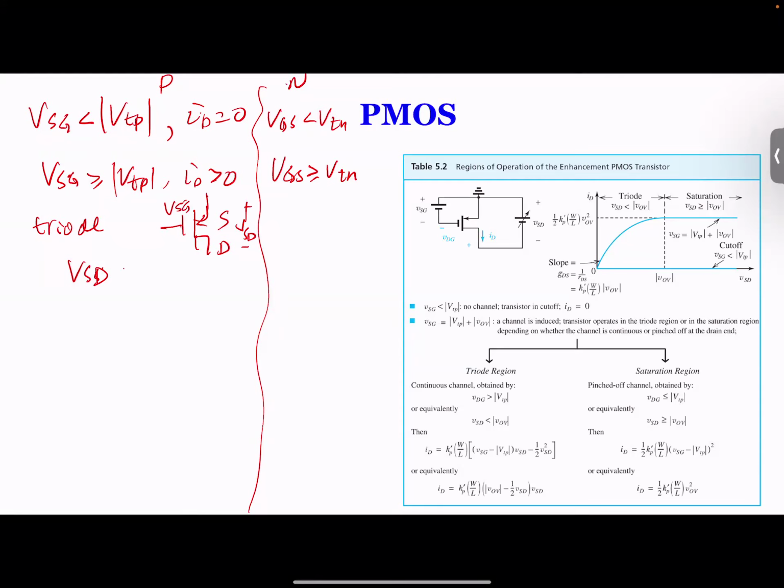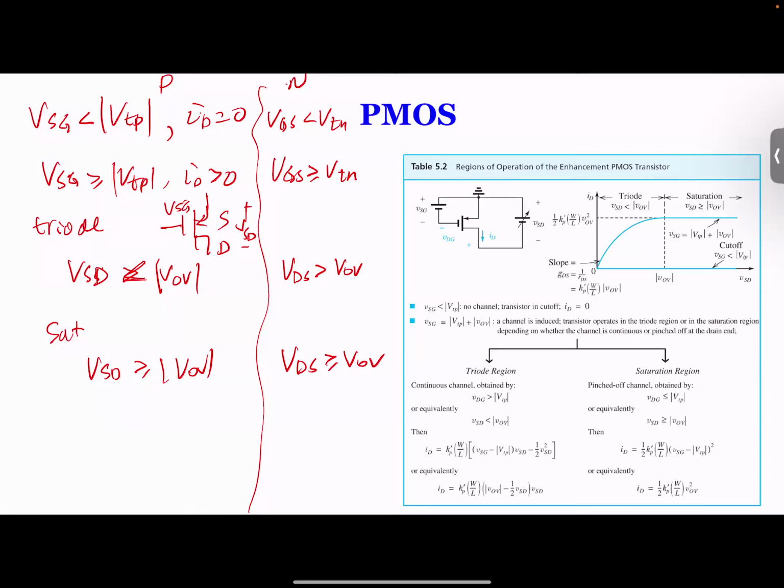So VSD is less than the absolute value of VOV, and on this side, we have VDS is less than VOV. So that's the triode region. And then in the saturation region, we have VSD larger than the absolute value of VOV, and here VDS is larger than VOV.